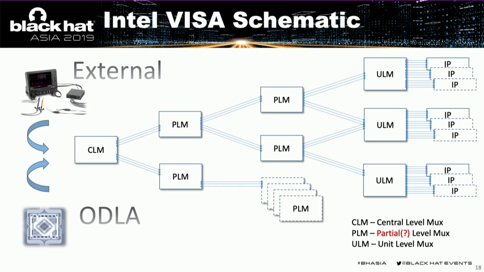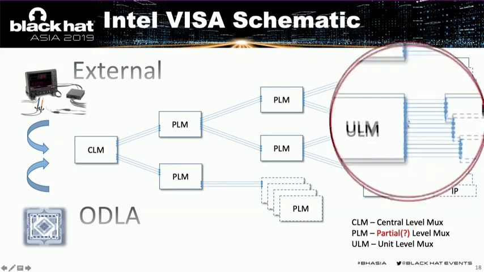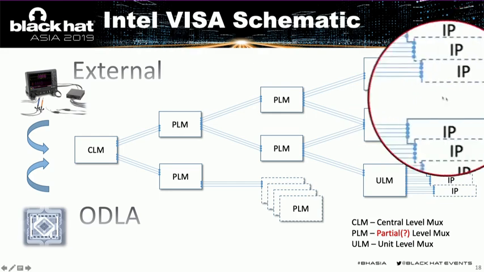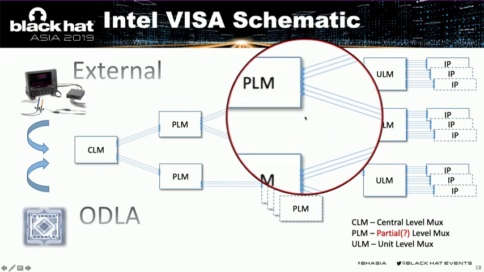In this scheme, we depicted the fact that there are three types of multiplexers. Cilium, which is what Visa actually is. Cilium is the central level multiplexer, a top level multiplexer connected directly to ODLA. Ulium, or unit level multiplexer, receives signals from internal IP units and transmits them to one or more PLMs.